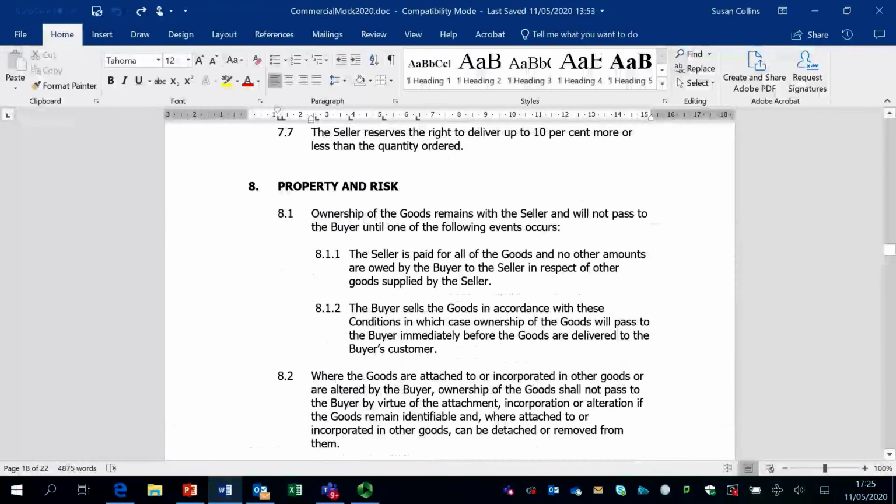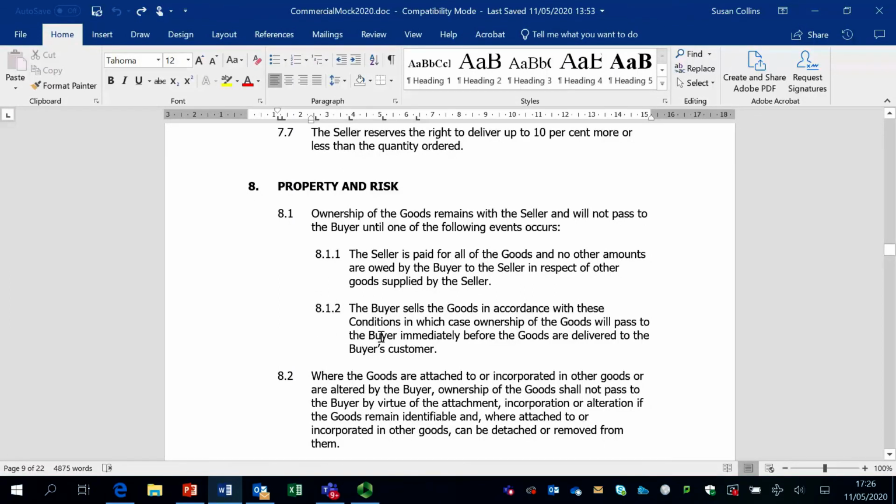And that's specified, if you look here, in clause 8, right at the start, 8.1, ownership of the goods remains with the seller and will not pass to the buyer until one of the following events occurs. 8.1.1, the seller's paid for all of the goods and no other amounts are owed, or alternatively, 8.1.2, the buyer sells the goods in accordance with these conditions, in which case ownership of the goods passes to the buyer immediately before the goods are delivered to the buyer's customer. And that's what's happened here, isn't it? They've sold the goods on.